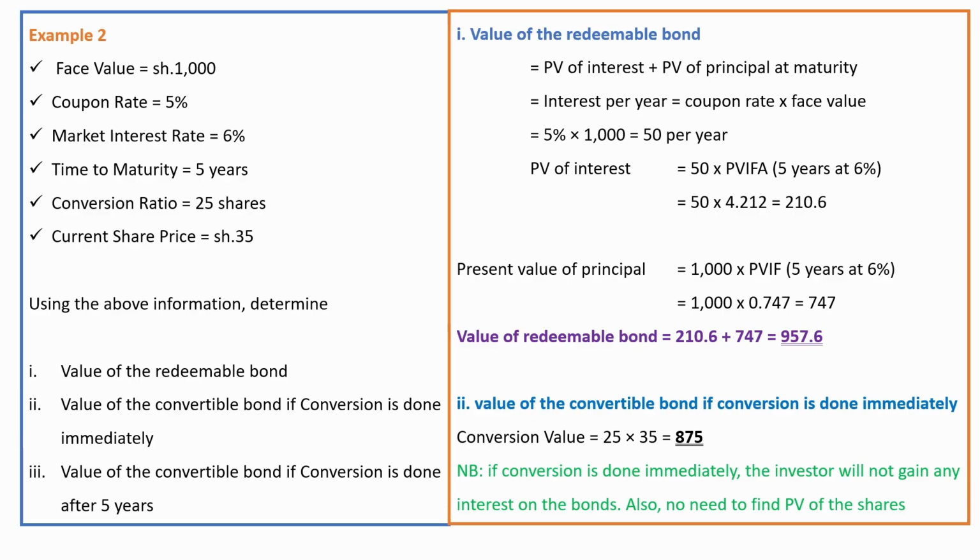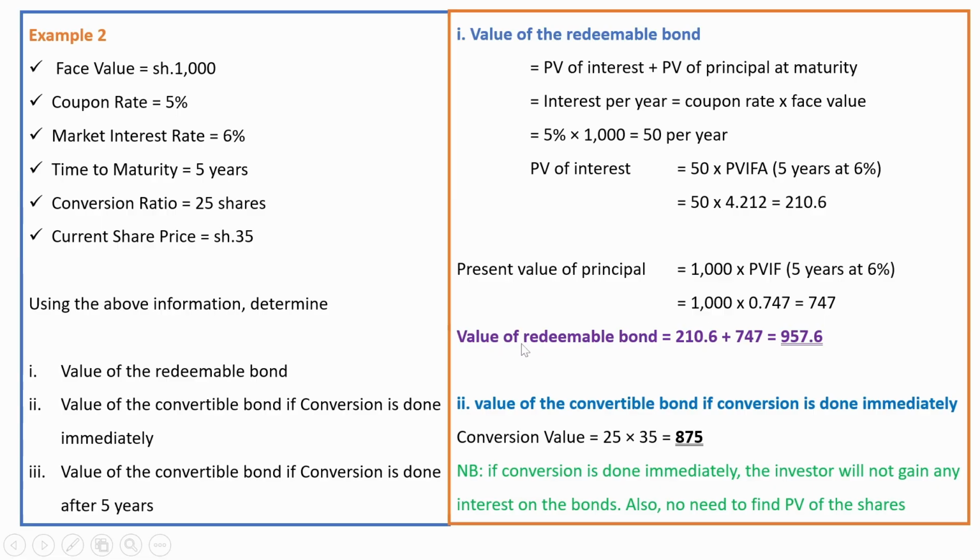So if you look at that table, you will get 0.747 and then you multiply it by 1000, it will give you 747. So this is the present value of the principal.